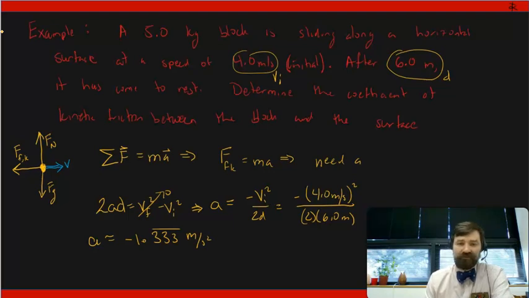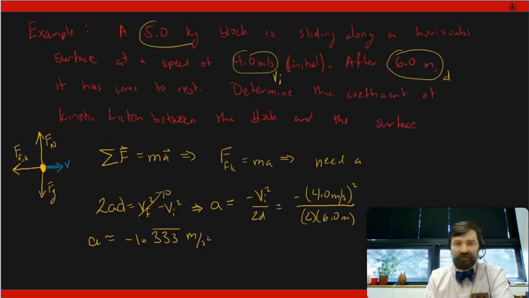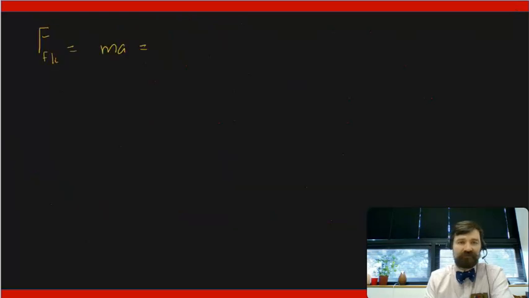That means that the force being applied, force of friction, was the mass times the acceleration. And again, this right here is the mass of the block, 5 kilograms. So we have 5.0 kilograms times 1.333 repeating meters per second squared.